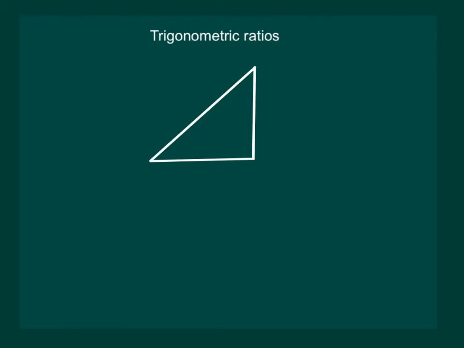Consider a right triangle ABC. Here we can see that angle CAB, or in short angle A, is an acute angle.